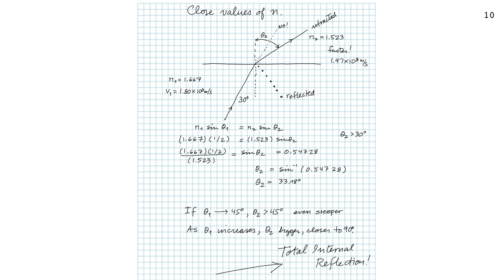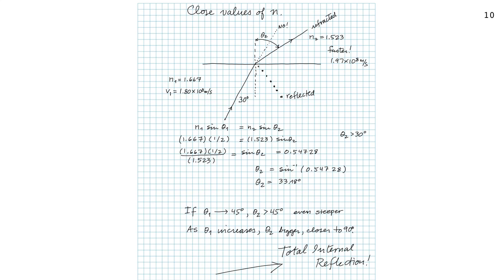And let's go ahead and do it. N1 sine theta 1 equals N2 sine theta 2. Okay, N1 is 1.667. And sine theta 1, sine of 30, that's 1/2. That's an easy one. And sine theta 2 is what we want to figure out.